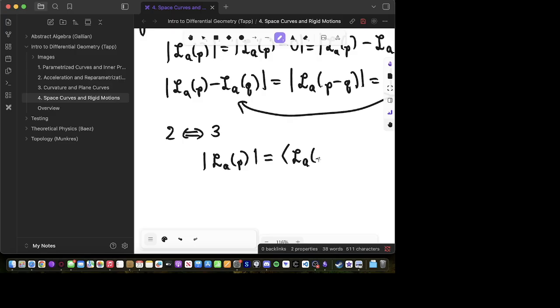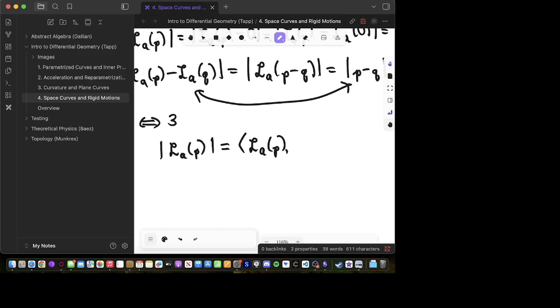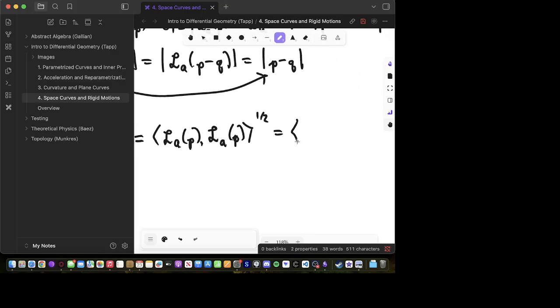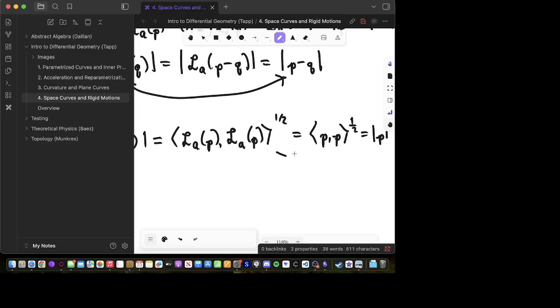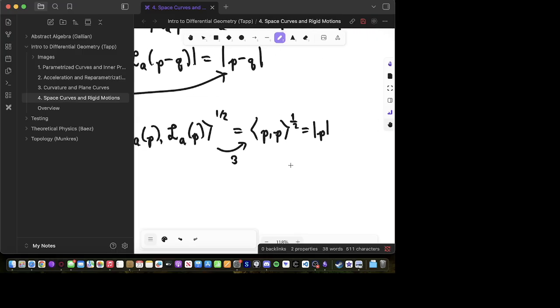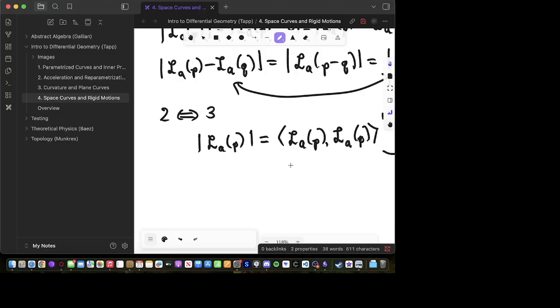Remember, by the definition of the norm and its relationship to the inner product, we have, and this stems from 3, and that's just the definition of the norm. So there's that.